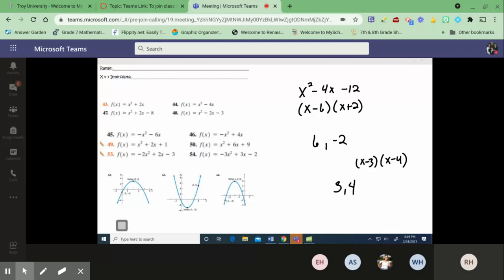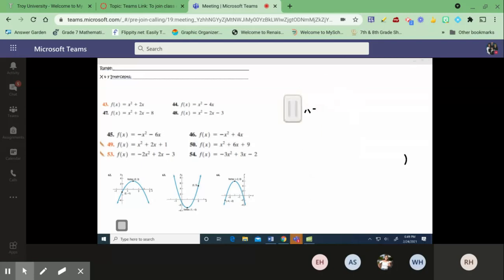Now we're going to have to figure out what our A is. So all we're going to do is take what we've got. My vertex is 2, 3, and my y-intercept is 0, negative 1.